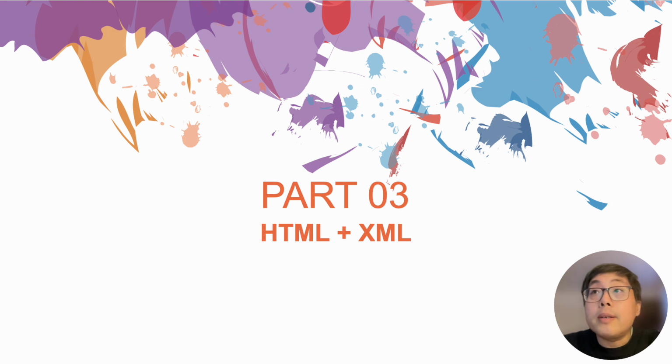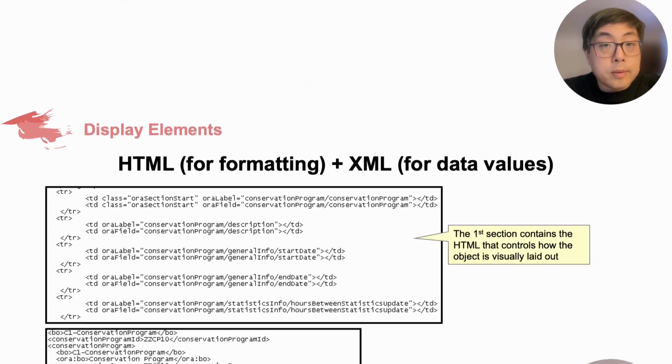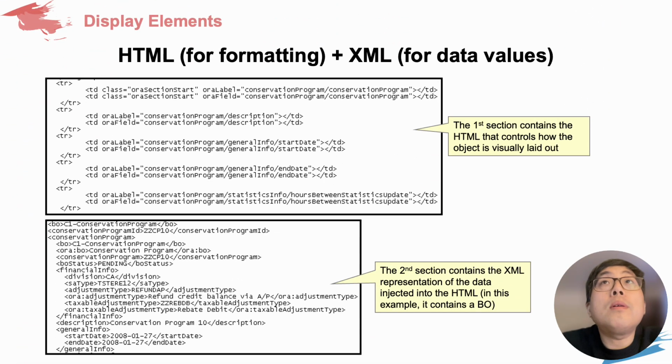So, okay, section 3, I want to talk about HTML and XML, how the data and the page work together. Okay, so over here, we have two screenshots, and on the top, that is HTML, and the bottom is the business object schema.